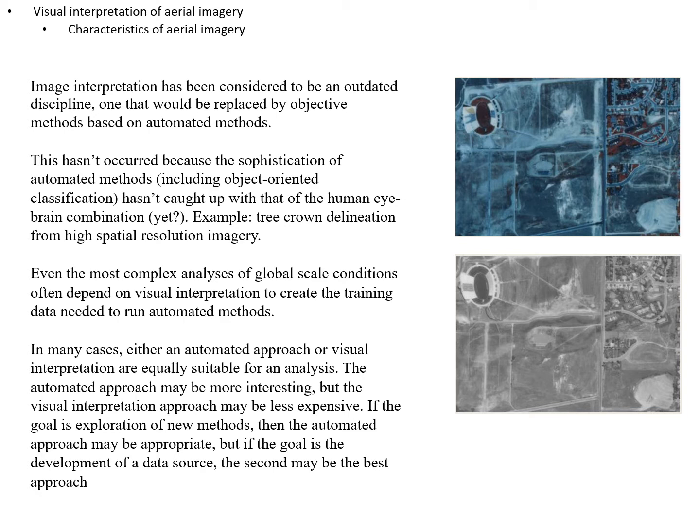In many cases, you could use an automated approach or visual interpretation. Each might be equally suitable. The automated approach may be the more interesting one to do, but the visual interpretation approach may just be less expensive. If the goal is exploration of new methods, then the automated approach may be appropriate. But if the goal is just the development of a data source, the second may be the best approach.